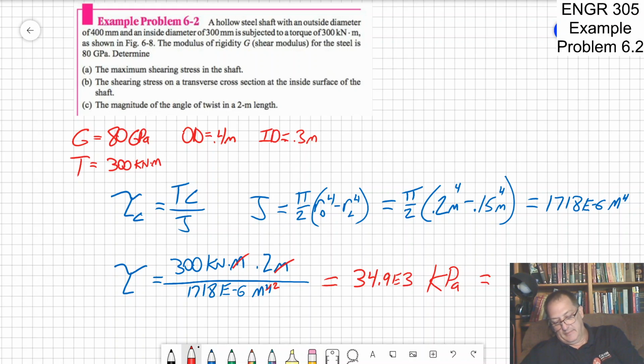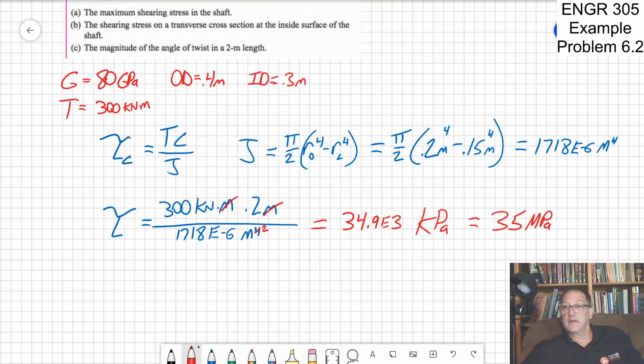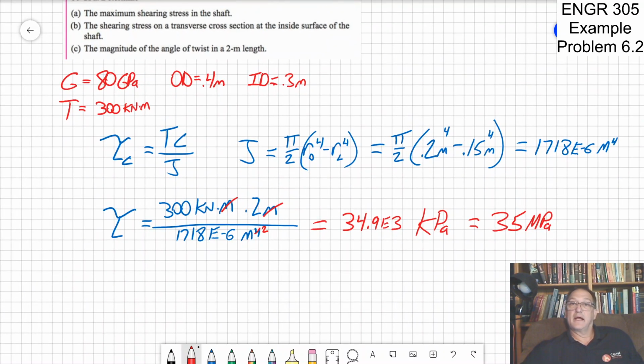Well, I would actually write it as 35 megapascals. That's part A, the maximum shearing stress in the shaft.